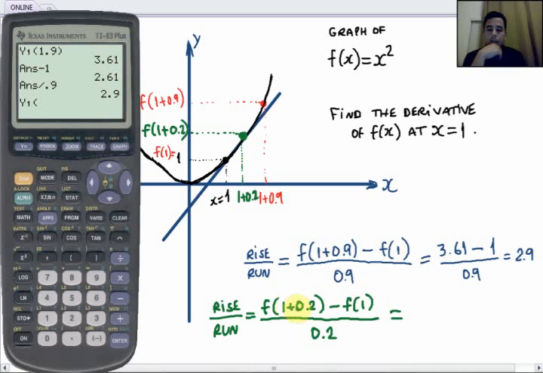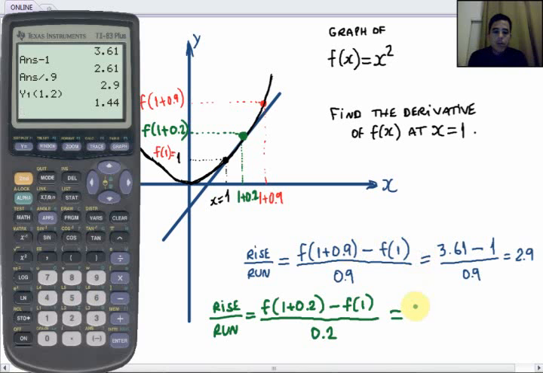It's f of 1 plus 0.2, that's 1.2. So I'll put 1.2 there. 1.44 minus f of 1, I already know that's simply 1, divided by 0.2. Let's see what this is. Divided by 0.2, that's 2.2.